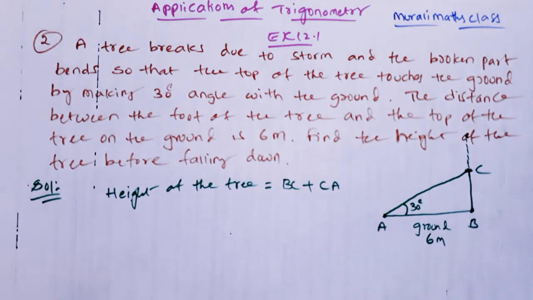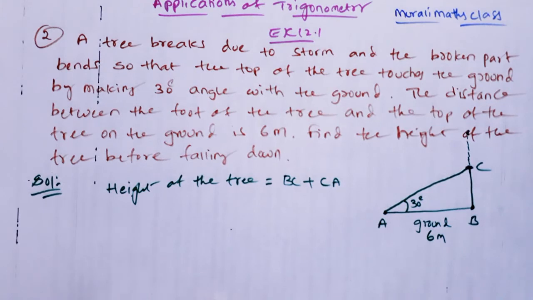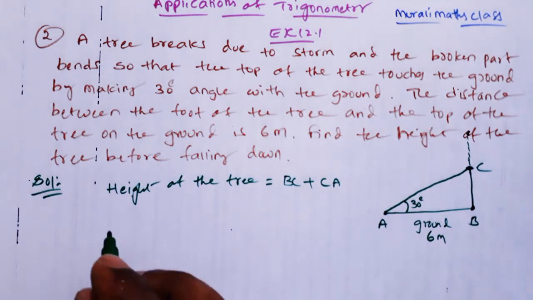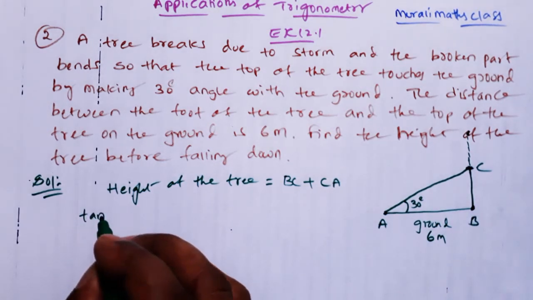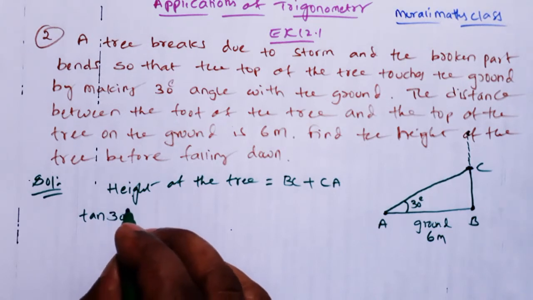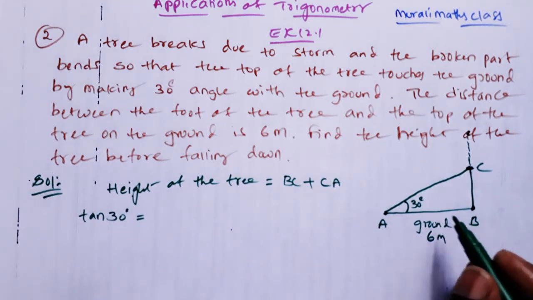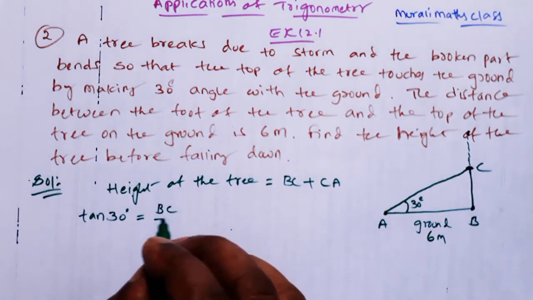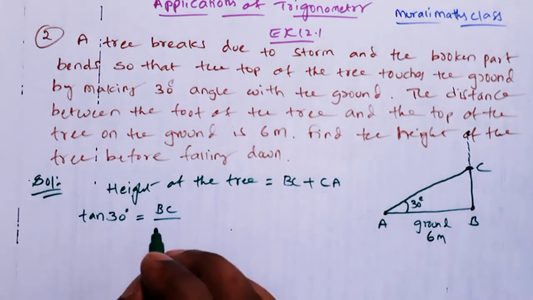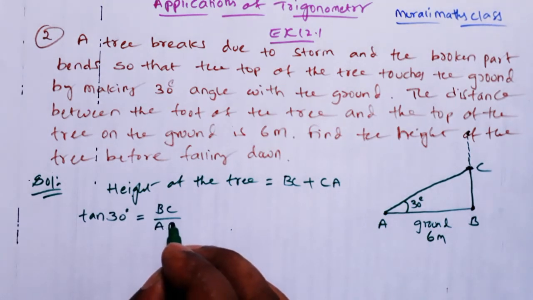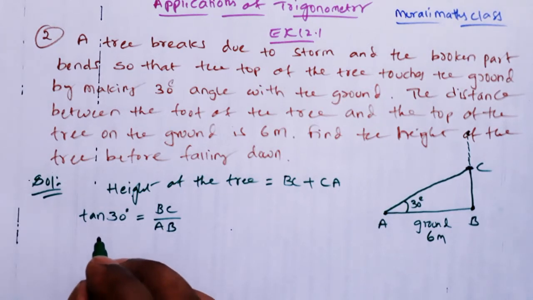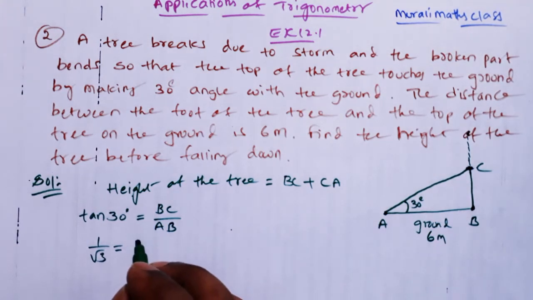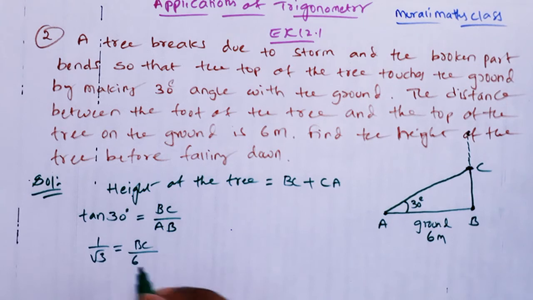Okay. So first we will apply tan 30. If you apply tan 30, you can find BC. Tan 30 degrees equals opposite by adjacent. Opposite means BC, adjacent means AB. Tan 30 is 1 by root 3, equals BC by AB, and AB is 6.